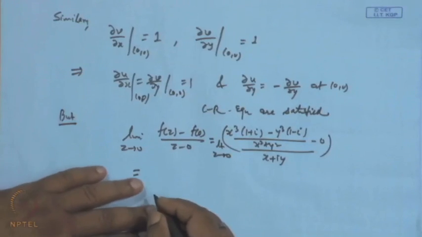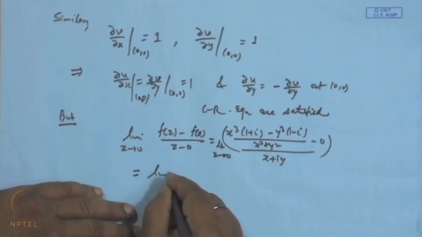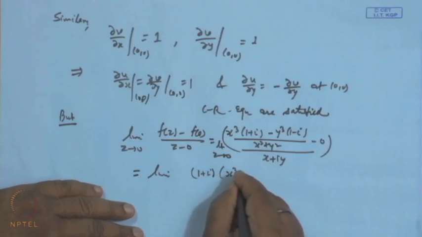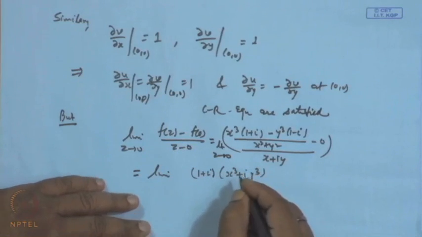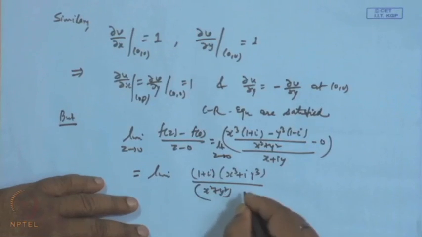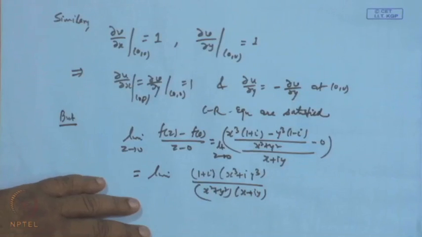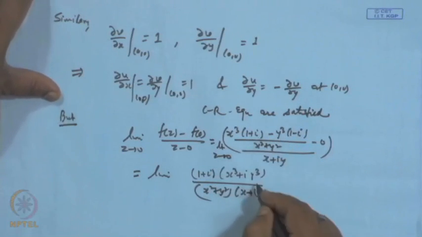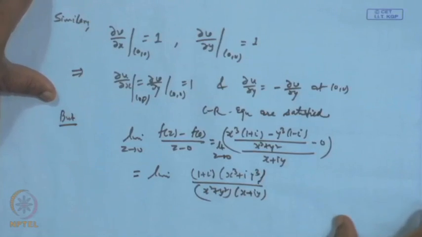Can we say this is the same as the limit of (1 plus i) times (x cube plus i y cube) divided by (x square plus y square), and then x plus iy, is it not? Just you can manipulate it and get this result. So, that is not a big problem.